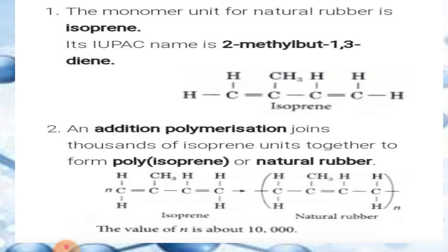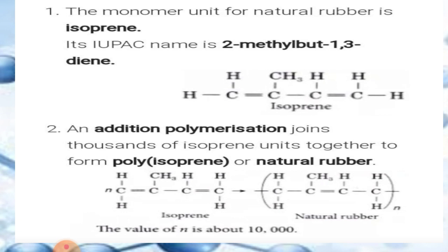Whereas in trans isoprene, when CH2 and CH2 are placed on different sides, it will give you trans polyisoprene, which is non-elastic and crystalline in nature, and it is popularly known as gutta-percha polymer.